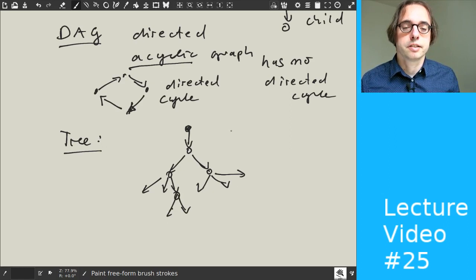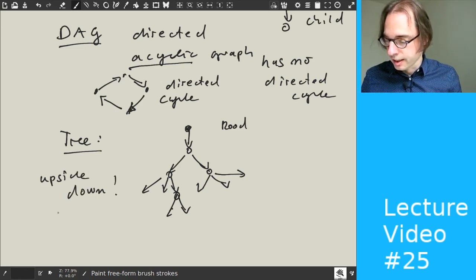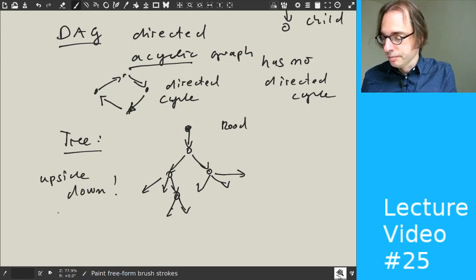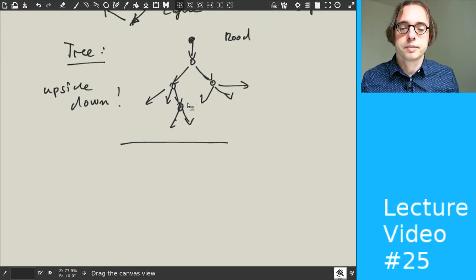This is the root and these are the leaves, so it's basically upside down, but still called a tree. So that's the graph theory part. It's not really theory, but rather graph terminology.